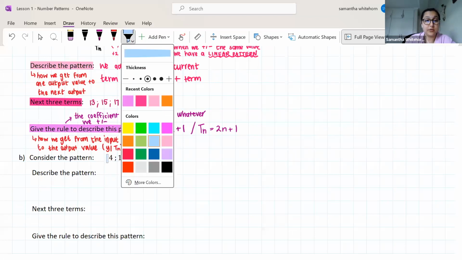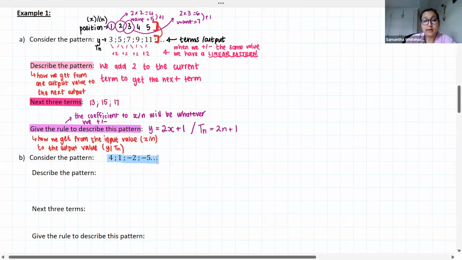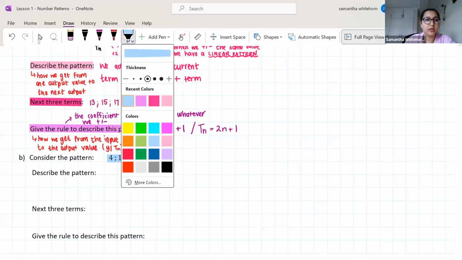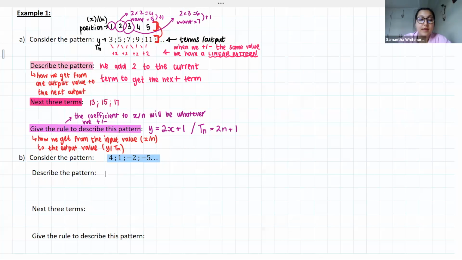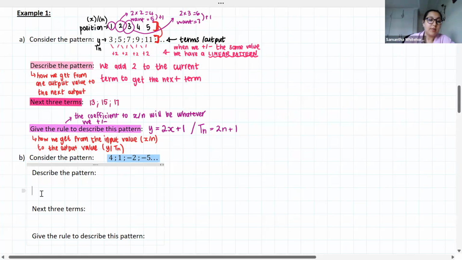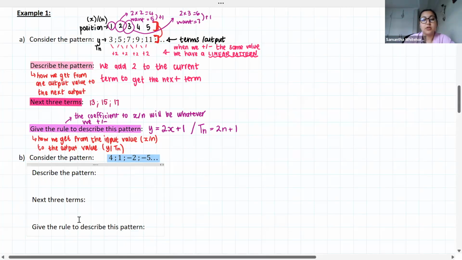Your pattern is 4, 1, -2, -5. So remember, like I said, first thing we always do is don't stress about the questions just yet. Figure out what is happening to get from one term to the next. And then you can go ahead and describe the pattern, give me the next 3 terms, and then give me a rule for this number pattern.